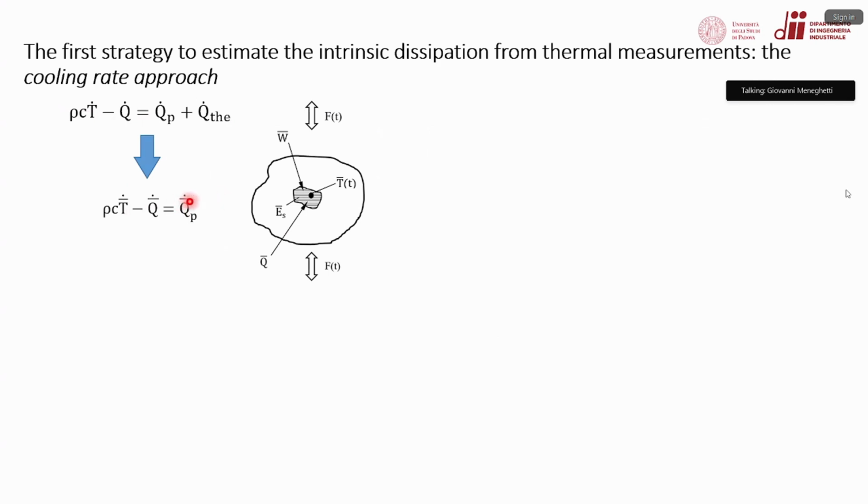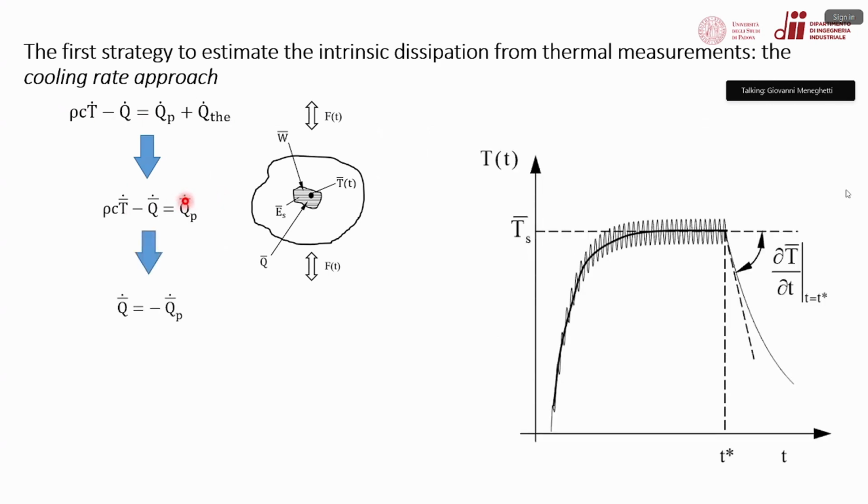This is the meaning of the overbar. So when you start your fatigue tests, you have some average thermal increase and you have the thermoelastic signal, which is superimposed. But if you consider the average quantities inside one loading cycle, you can neglect the thermoelastic variation of the temperature.